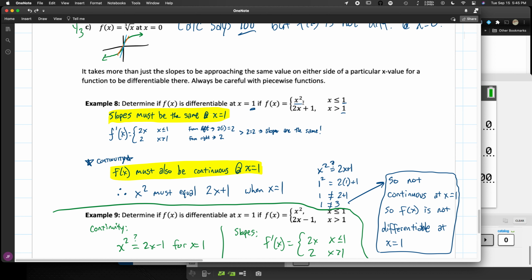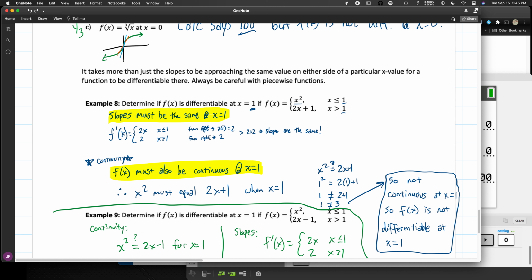So for x squared, for time's sake, I've taken the liberty to find that derivative, which is 2x for any given x value. And the second piece is linear. And so we just take the slope from in front of the x. That's going to be 2 for any x value. All right, so coming from the left, we're approaching 1. We plug in 1. 2 times 1 gives us 2.